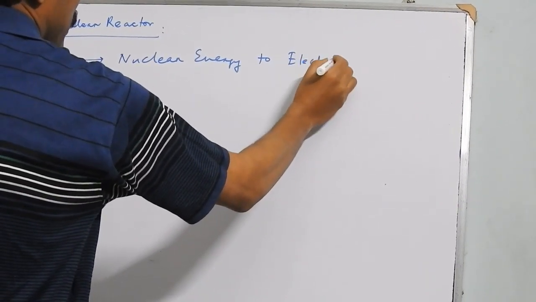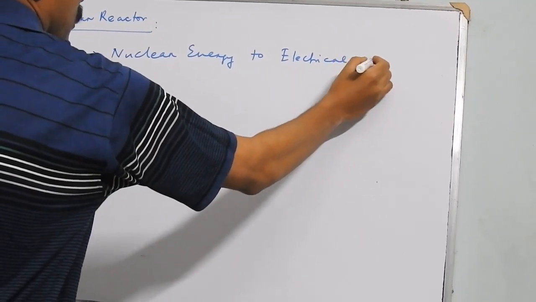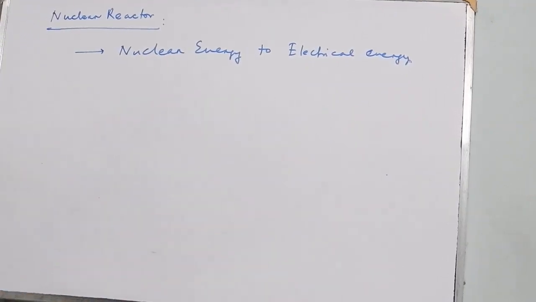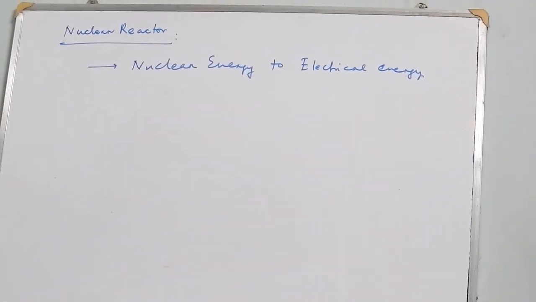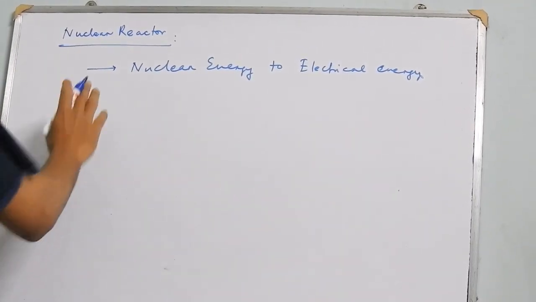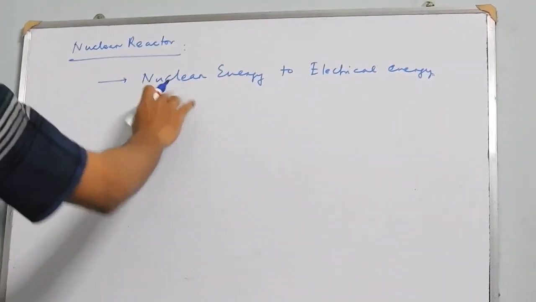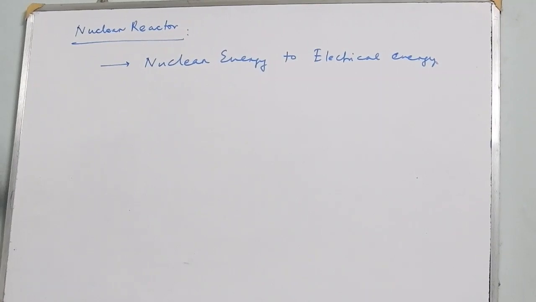Now, the nuclear reactor consists of many important parts, but all the parts are not necessary in this discussion. We will concentrate only on those parts that are in the process of conversion of nuclear energy to electrical energy.